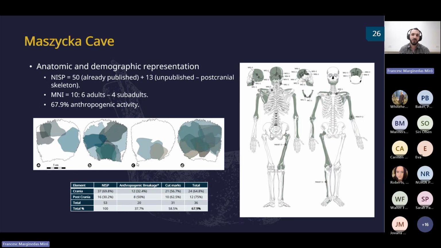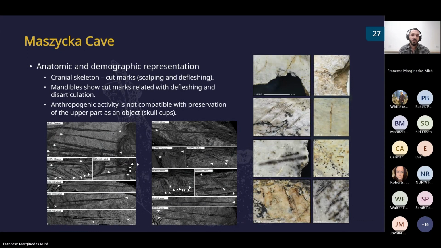And on the right side of the screen, you can see the current anatomic representation of the Maszycka Cave human remains. So the cut marks in the cranial skeleton are mainly associated with scalping and defleshing, and in the mandibles with defleshing and disarticulation.